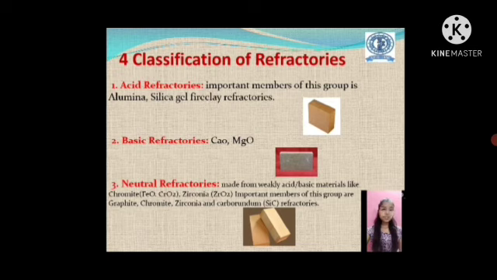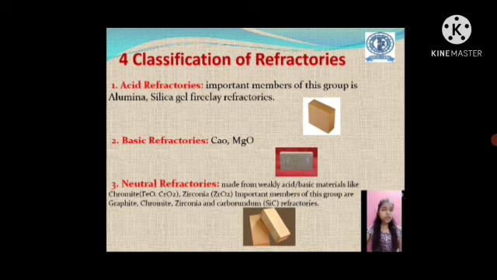My fourth point is classification of refractories. First, acid refractories. Important members of this group are alumina, silica, and fire clay refractories. Second, basic refractories: CaO, MgO.